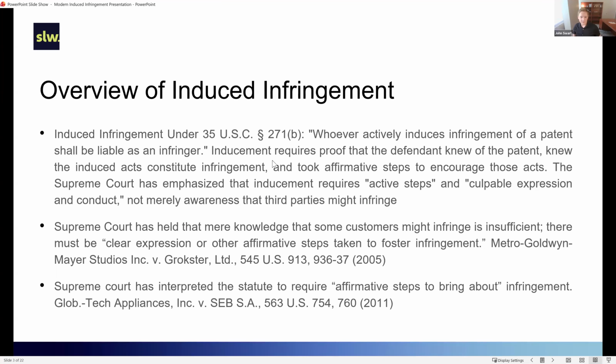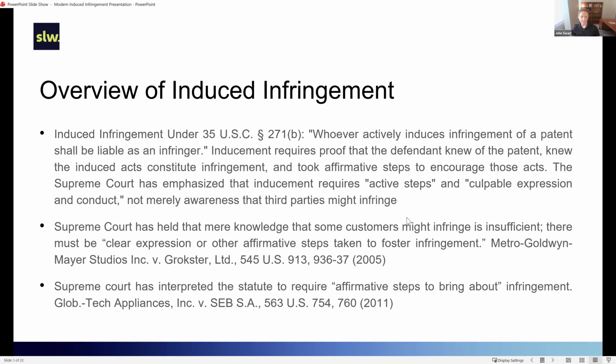We have several cases, some of which are not worth discussing in detail, but I have a few quotations here. One of them, Metro Goldwyn Mayer Studios v. Grokster. The Supreme Court held that mere knowledge that some customers might possibly infringe is not sufficient.